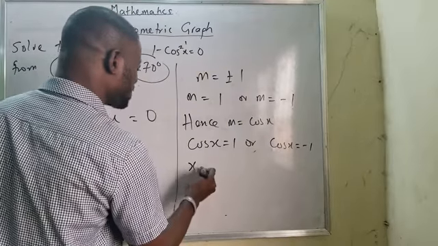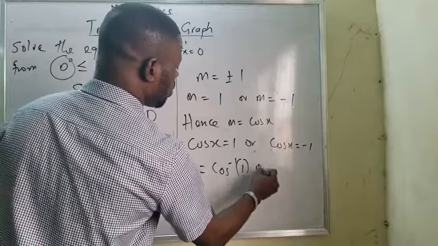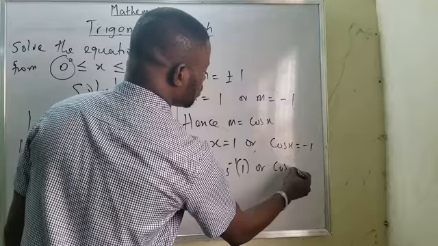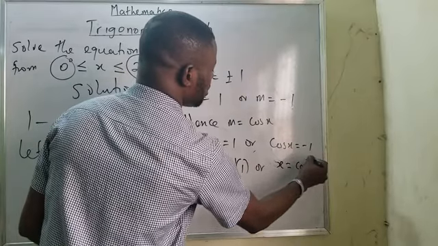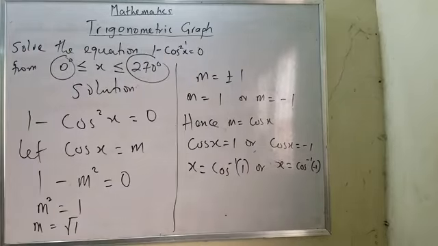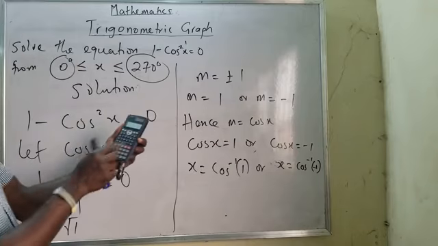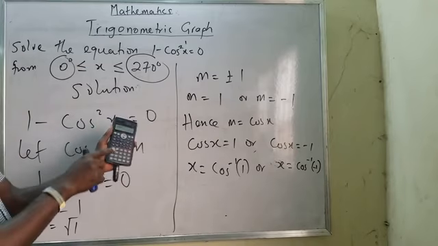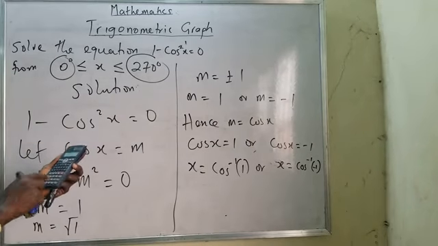Now, x equals cos inverse of 1 or x equals cos inverse of minus 1. When you press your calculator, just press shift cos, which gives you cos inverse, and you put 1 there.